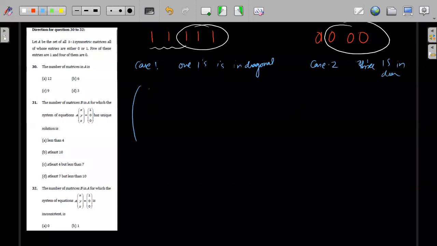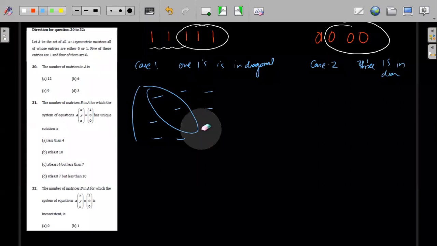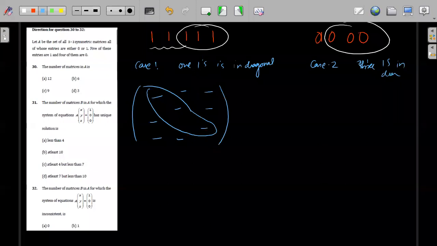So now you have 3 places here. Now see, only one 1 is in the diagonal. So how many options do you have? Either you can fill here, or here, or here. So 3 options, 3 possibilities, right?